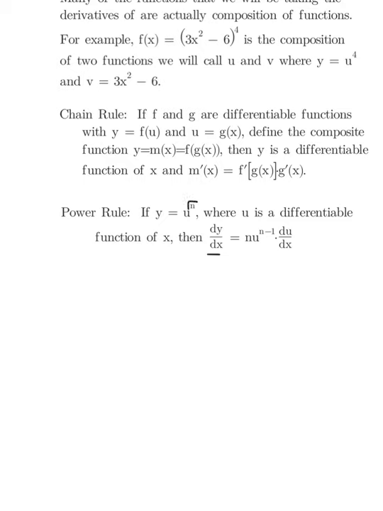N was the power up here, now it goes down to the front. U stays the same, then we do n minus 1, just like we were doing earlier. And then you take it times du dx. U was the function that was on the inside. So you do the power rule to the outside and then take it times the derivative of the inside.